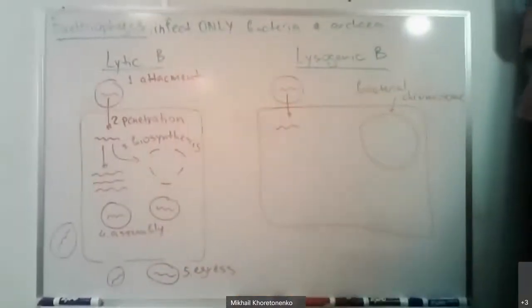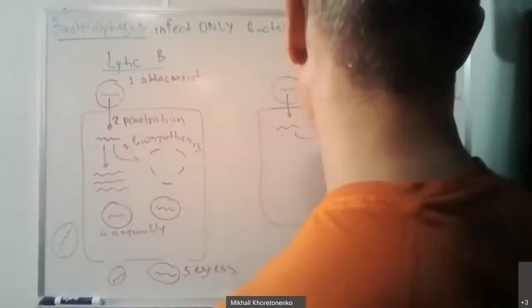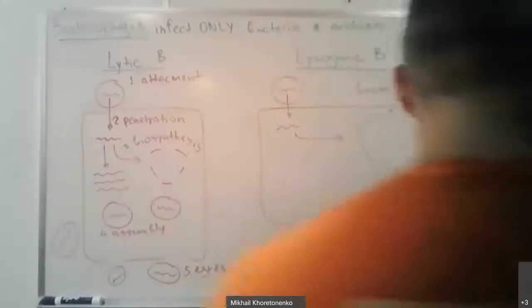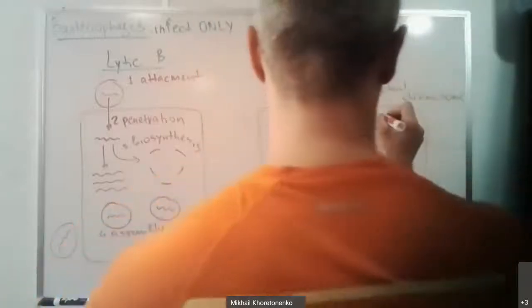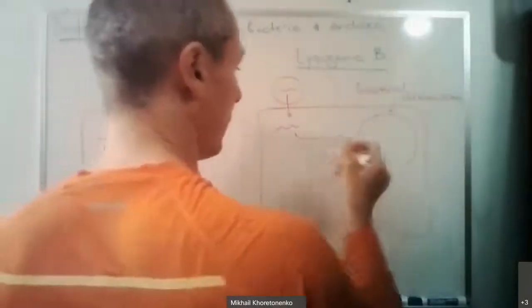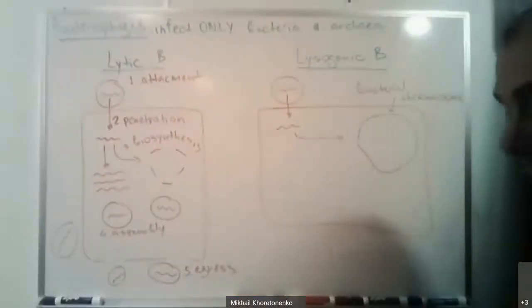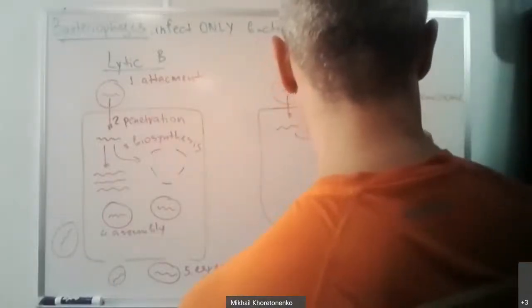But then quite an interesting thing happens. So phage DNA gets incorporated, becoming a part of the bacterial chromosome. Can you see that? It becomes a part. So this phage DNA inside of the bacterial chromosome is called a prophage.